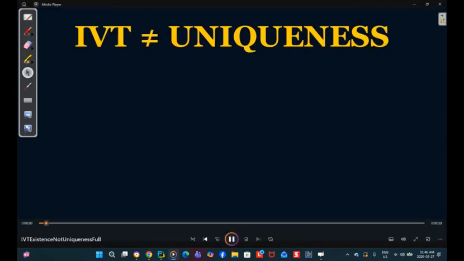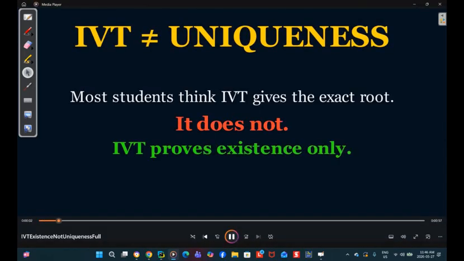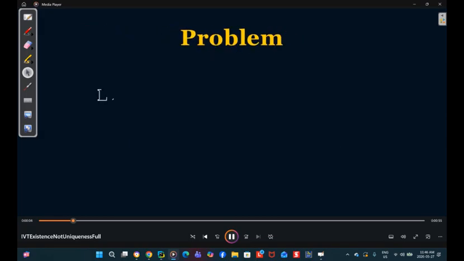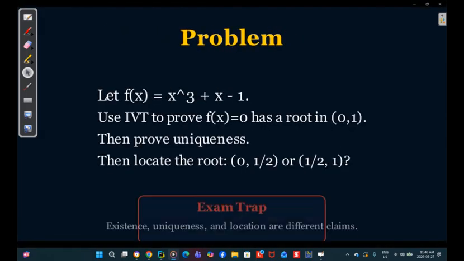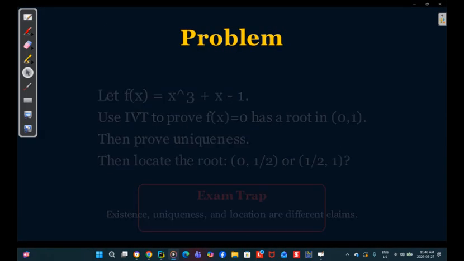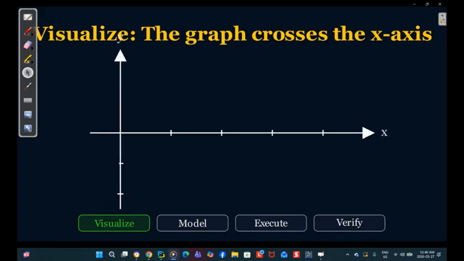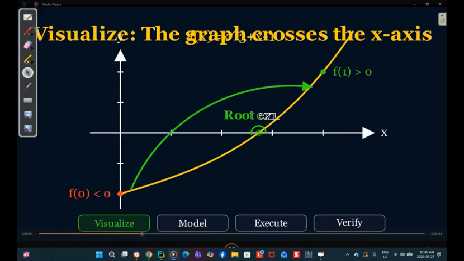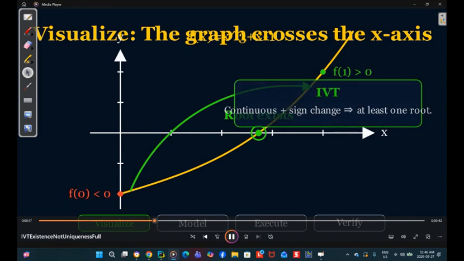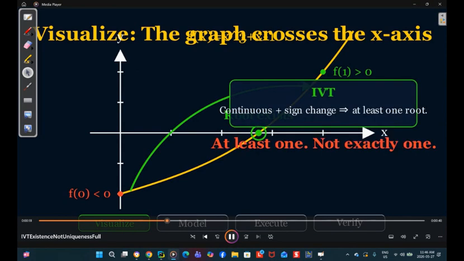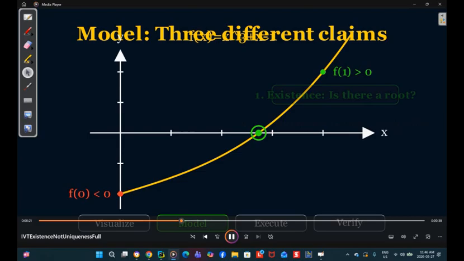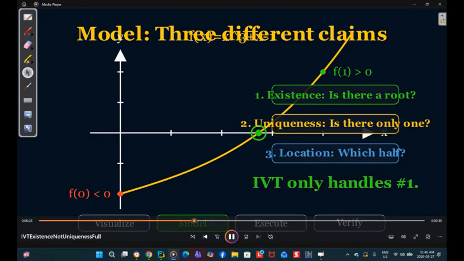What this simulation is saying is that at x equals 0, the function is going to be below the x-axis. Pay attention. Now at x equals 1, the function is going to be above the x-axis.